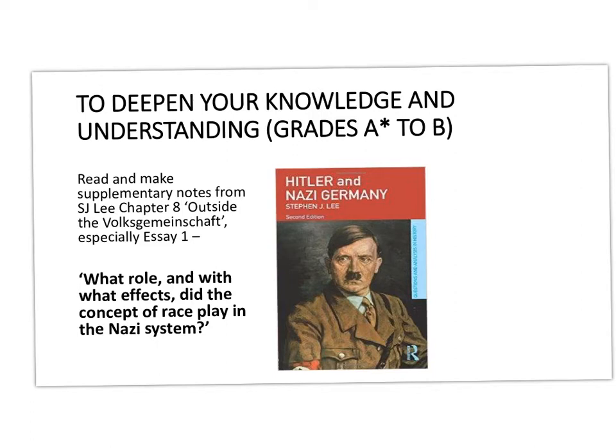Obviously Volksgemeinschaft we've explored already, the idea of a national racial community, and there were the scapegoat groups, the external enemies who were not considered by Hitler to be part of the Volksgemeinschaft, and of course the Jews were a key part of that, along with communists. So there's an essay he's written within that chapter.